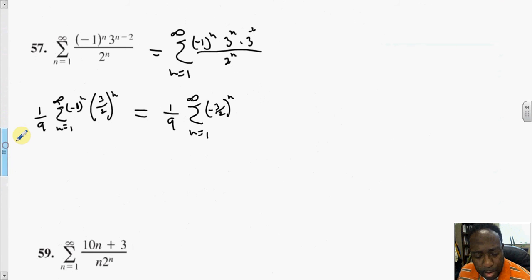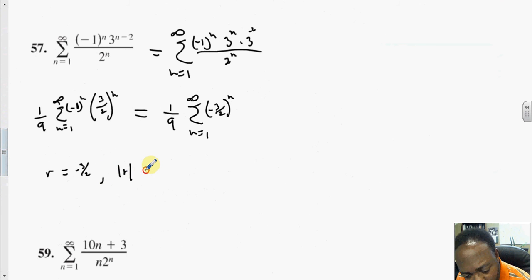You know we have the geometric series test that looks at the ratio. Here the ratio r is equal to negative 3 over 2. The absolute value of this ratio has to be between 0 and 1. So the absolute value of r is equal to 3 over 2.